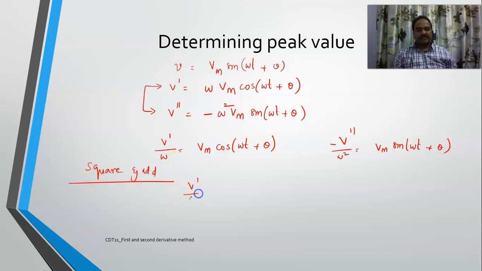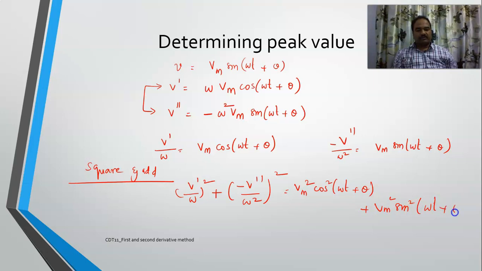So this becomes V dash by omega whole square plus V double dash by omega square whole square, is equal to Vm square cos square omega t plus theta plus Vm square sine square omega t plus theta. If I take Vm square common, then this becomes 1. So this is equal to Vm square.